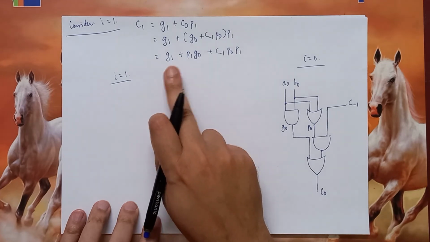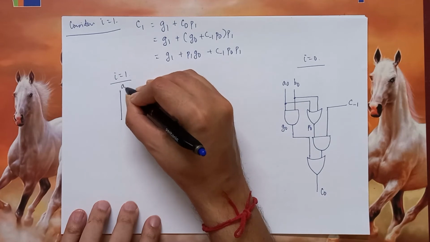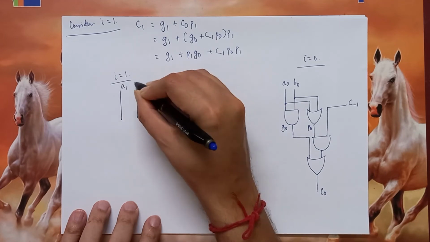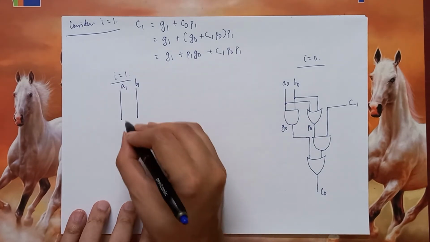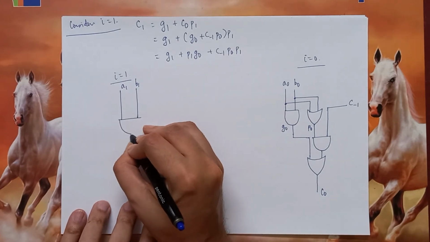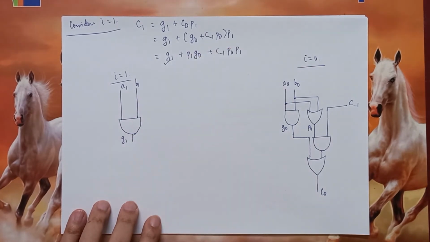Now for the ith stage, we have these three terms. Now we have these inputs A1 and B1. So again we will have an AND gate which will generate G1. So this term is done.